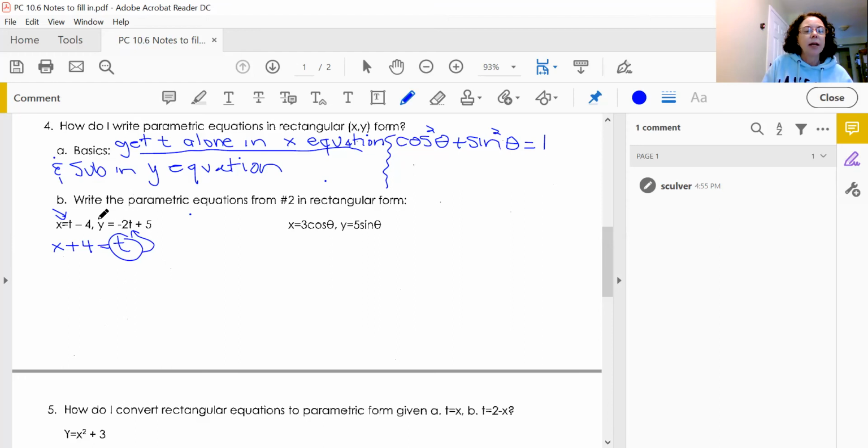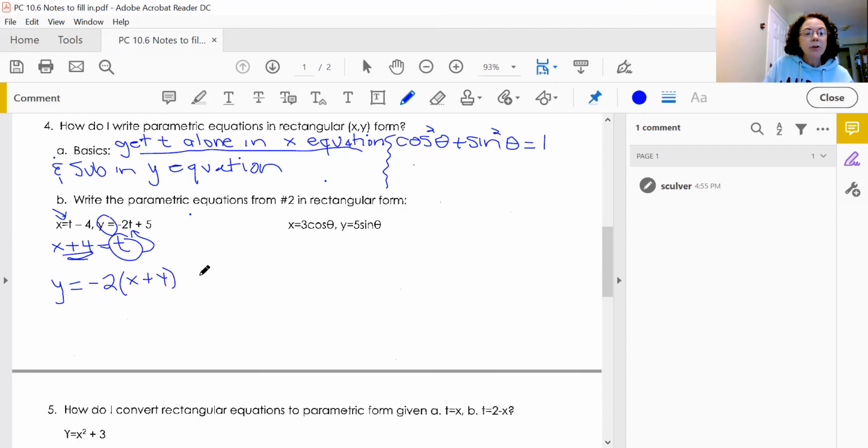So let's start writing our Y equals equation. Y equals -2. There you go. Where the T is, I'm going to substitute in X plus 4. And then we have plus 5.